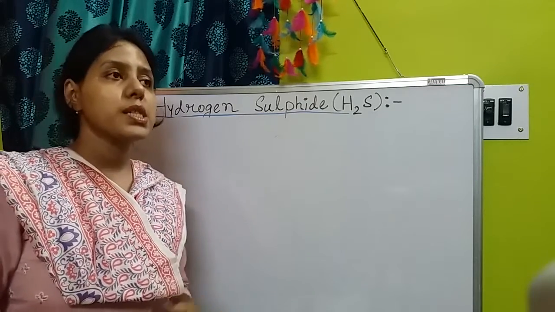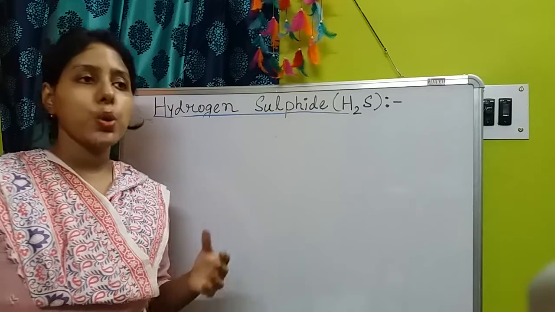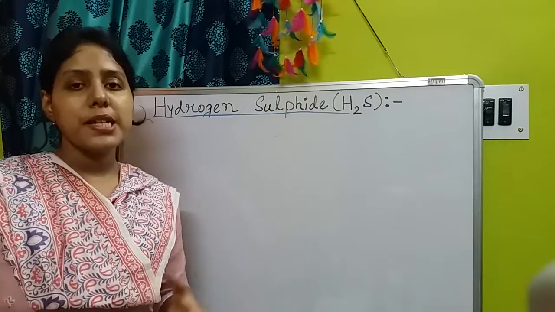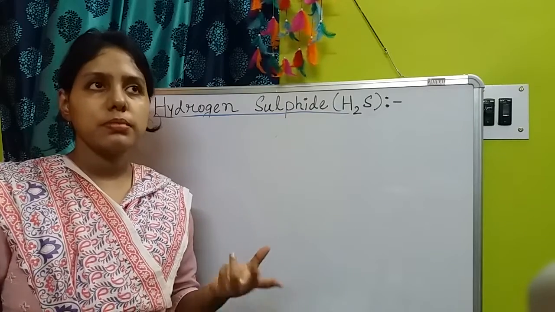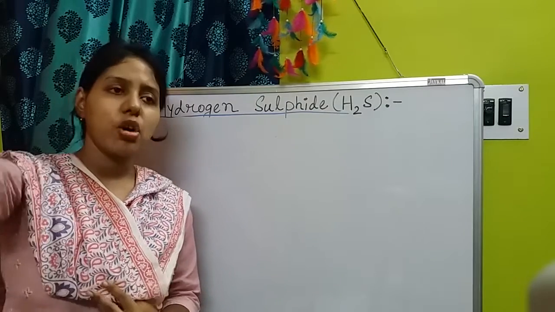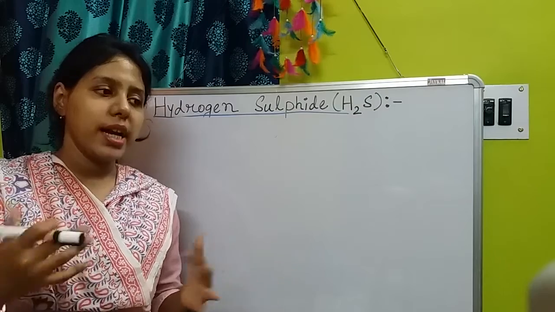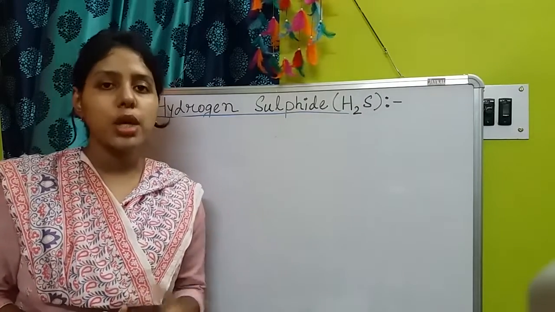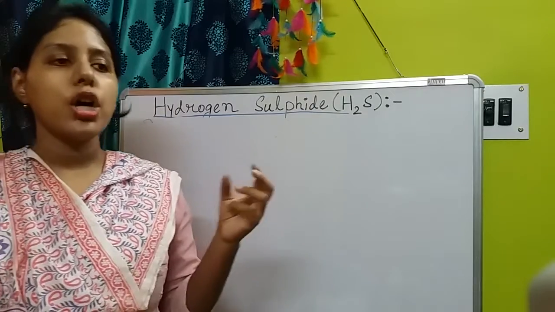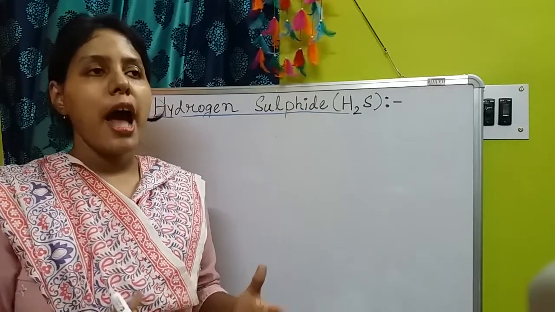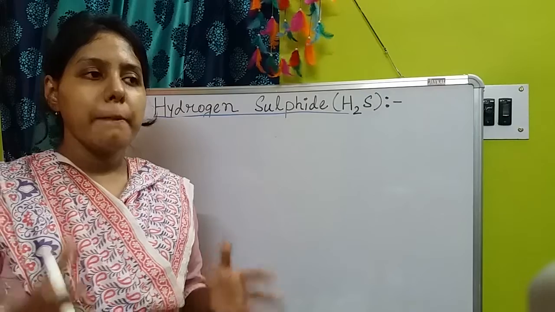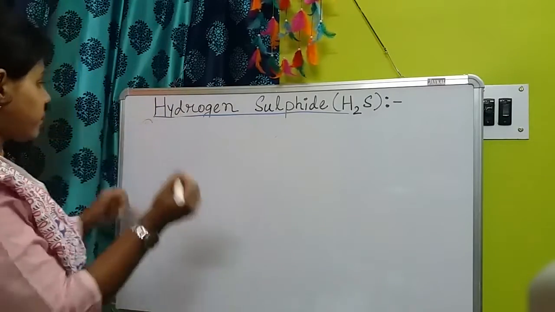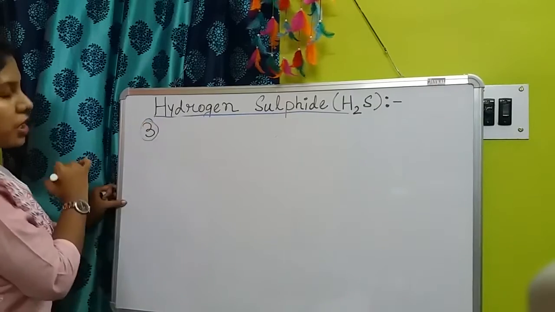Whenever we pass H2S gas through the acidic solution of salts of copper, such as copper sulfate, or lead nitrate, then after reaction it will make the precipitate of these salts.